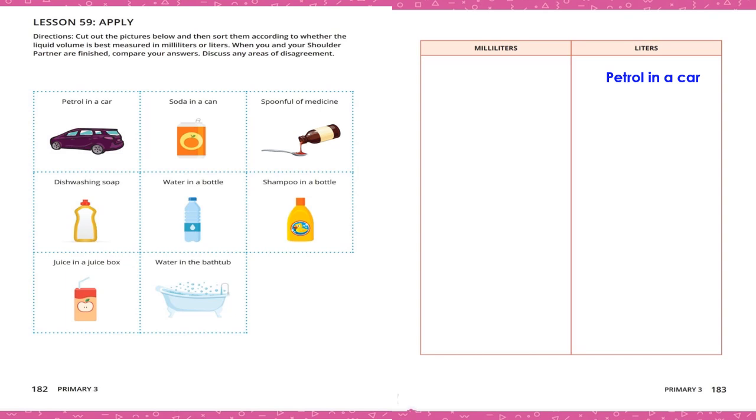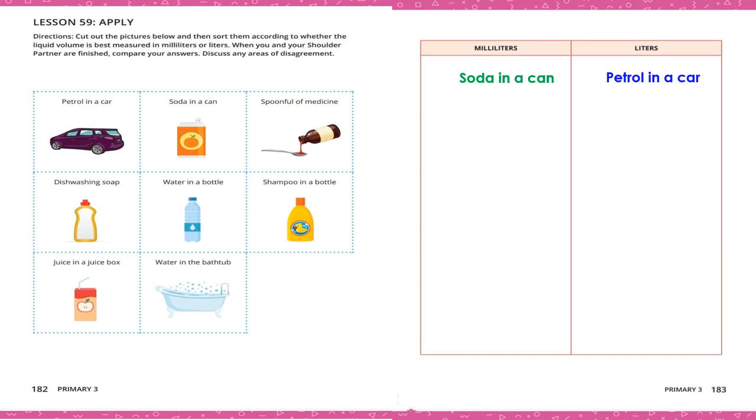Number 2, soda in a can. Small amount or big amount? Yes, it's a small amount, so we will use milliliters. Number 3, spoonful of medicine. Is it a small amount or large amount?